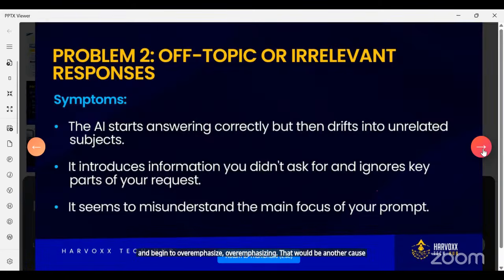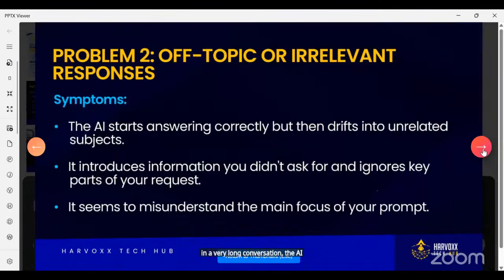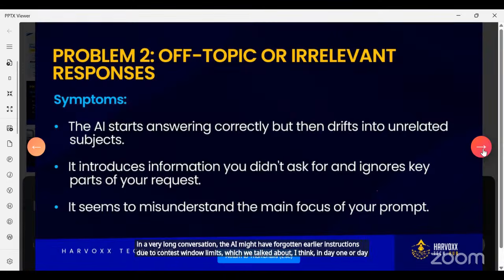And it is safe to say that in very long conversations, the AI might have forgotten earlier instructions due to context window limits, which we talked about, I think, in day 1 or day 2. All right. So as a result of the context window, it might have forgotten earlier conversations that you had.